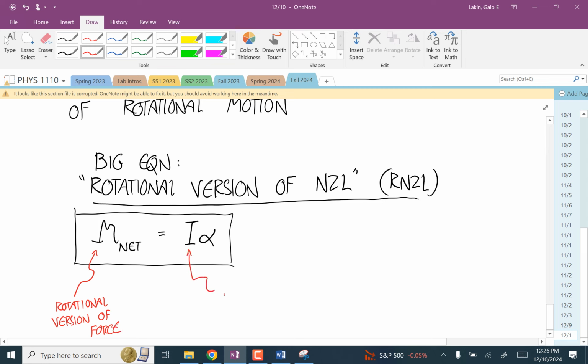And this I is a rotational version of mass. So if you think of those that way, this is just Newton's second law, just with rotational versions of everything in it. So it should be easy to remember this.